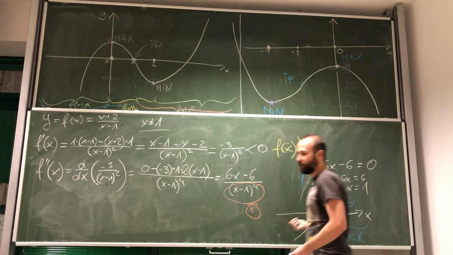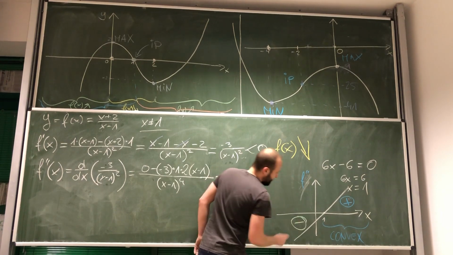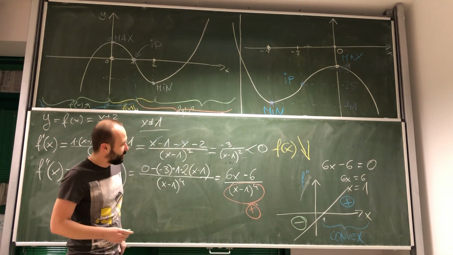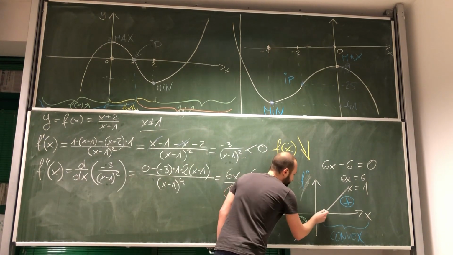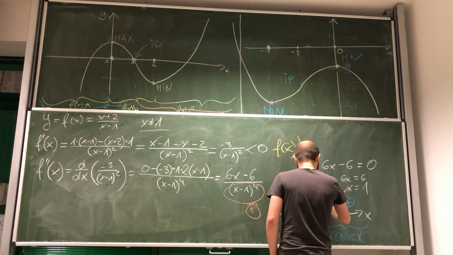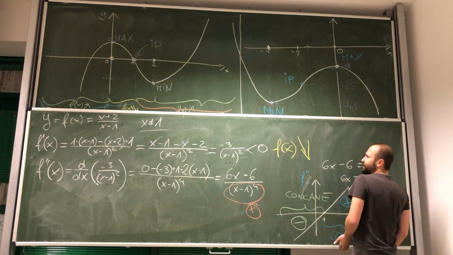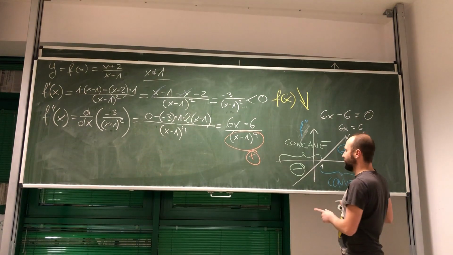On the other hand, over here, the second derivative is negative, so over here it has negative acceleration, it must be concave. And now we have everything we need to draw it.